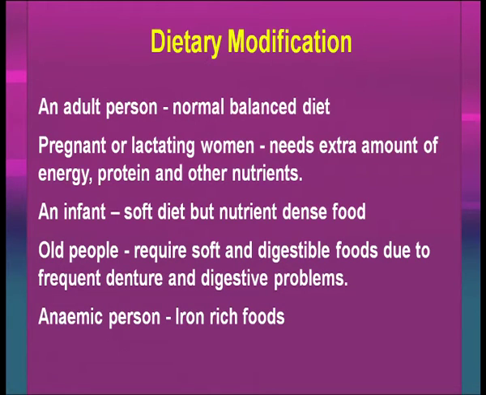For older people also there is a need for change in the consistency, so they need soft food, digestible food, because they may have the problem with the denture or digestive problems. Anemic person, there is another problem with the health condition, so you require iron rich diet, which should also include lots of vitamin C.